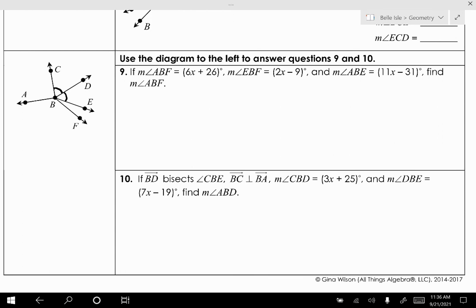Okay, finish number 10. I'll start putting it up here so you can check yourself whenever you're ready.